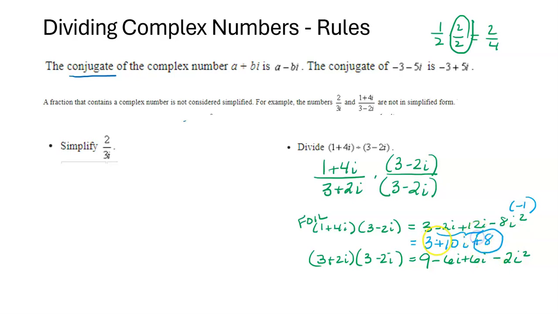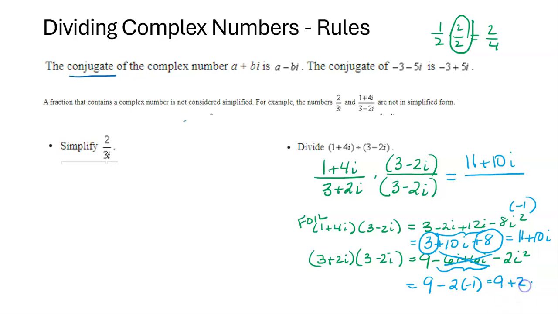So then I can combine those, and I get 11 plus 10i for my numerator. Over, down here, my -6i plus 6i is going to cancel. So I have 9 minus 2 times -1, which is equal to 9 plus 2, which is equal to 11.